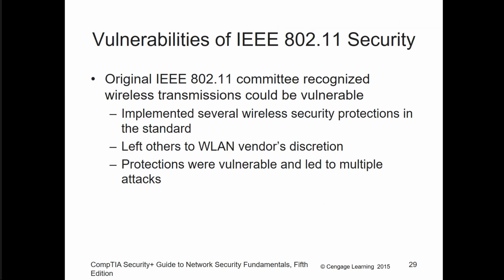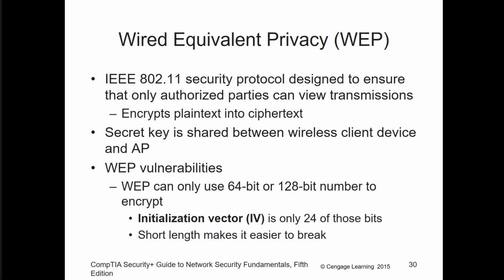So let's move on to the vulnerabilities of wireless security. Implementing several types of wireless security protection in the standard design is important, though not all forms of security are created equal. One of the first types of encryption was called Wired Equivalent Privacy, or WEP.